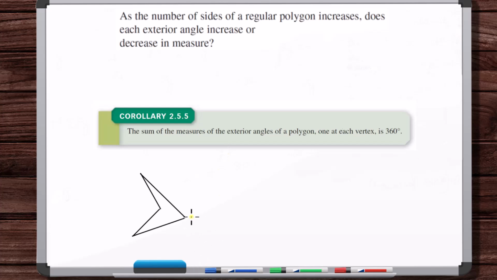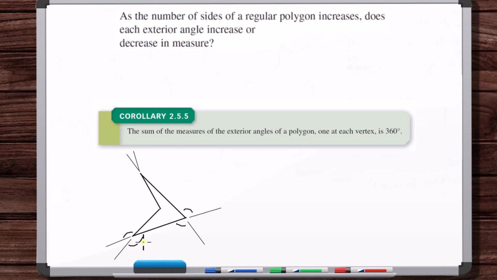For example, here there are two exterior angles at each of these vertexes. Here's one and here's another. Those are equal because they're vertical angles.